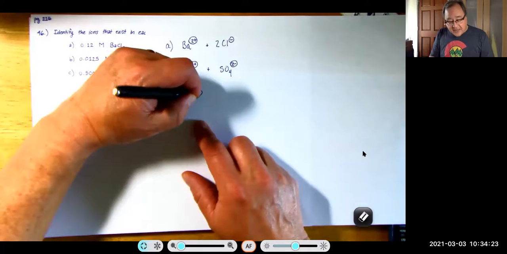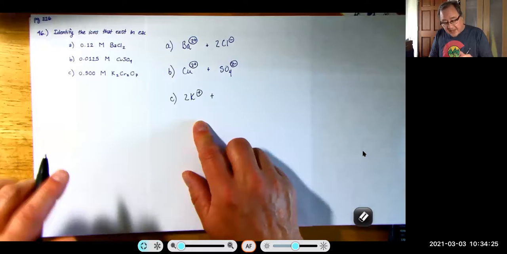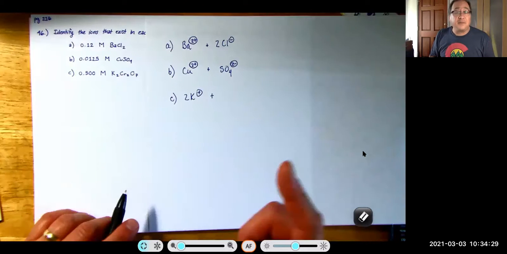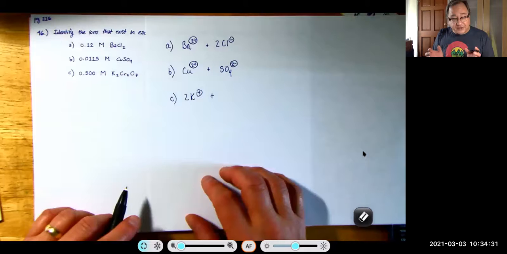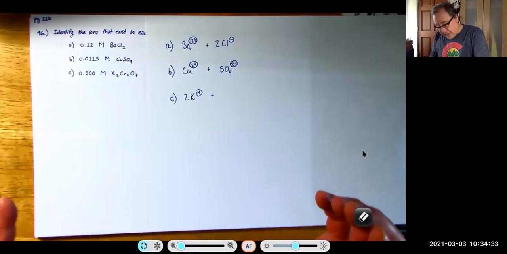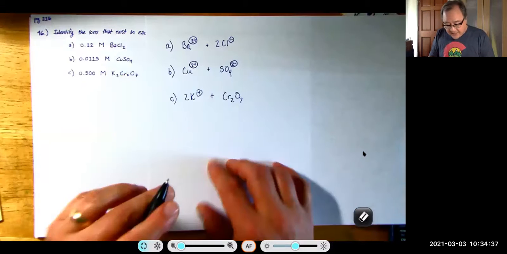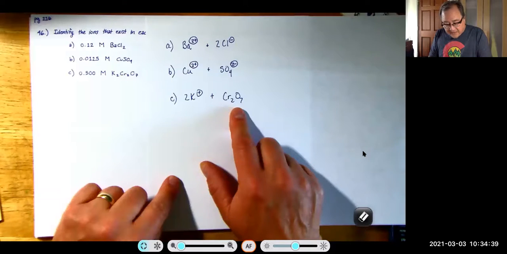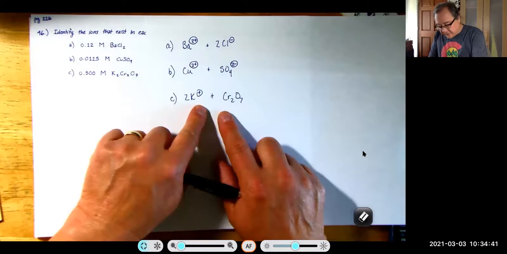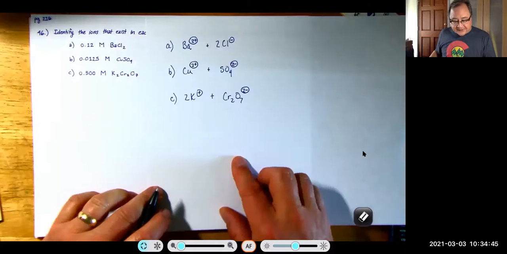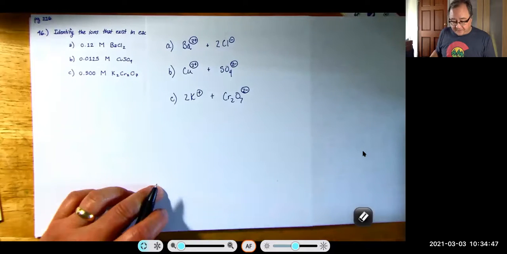And since those are the cations, I know that the rest is an anion. And I know there's only one of those anions, because if there were more, there'd be parentheses around it, but there's not. So there's one of these, and there's 2 of these. To have a neutral formula, this has to have a charge of -2. And those are the ions that exist in each of these solutions.